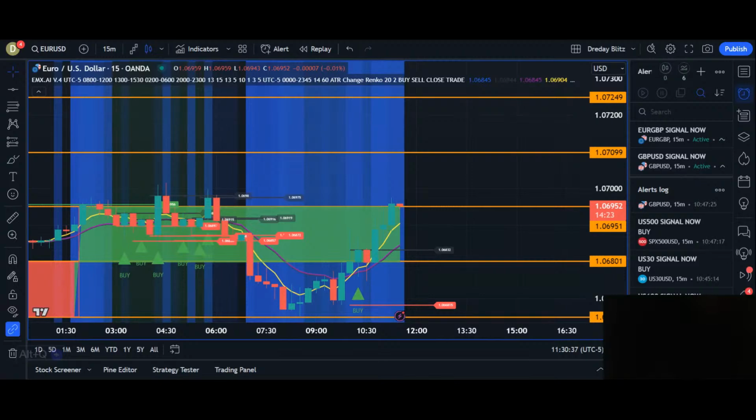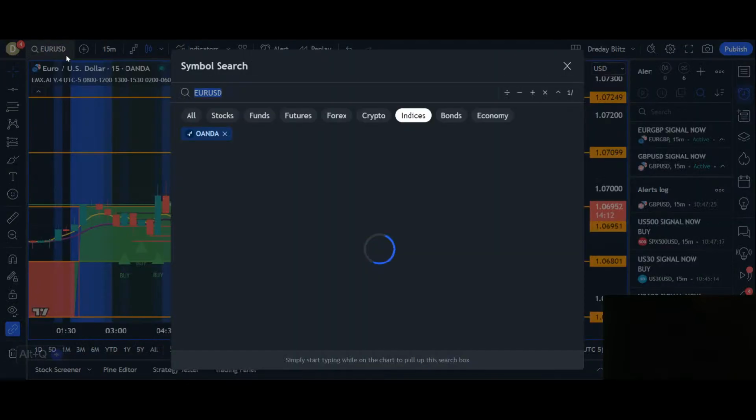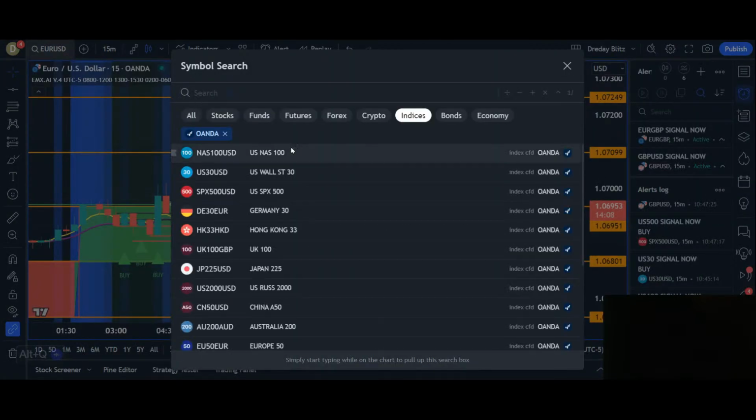Euro JPY. Okay, perfect. So Euro JPY, let's look at it. Euro GBP, so that's perfect, that way I don't need to change my settings.